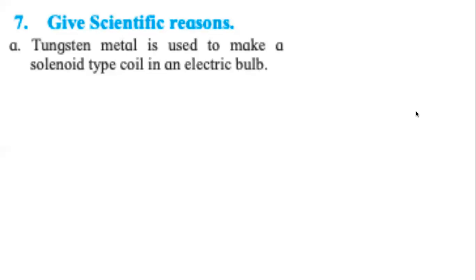But I'm telling you, there are two parts to this answer. One relates to the coil. Another relates to the metal, tungsten. One relates to the shape, the construction, and the second relates to the material. Please share.